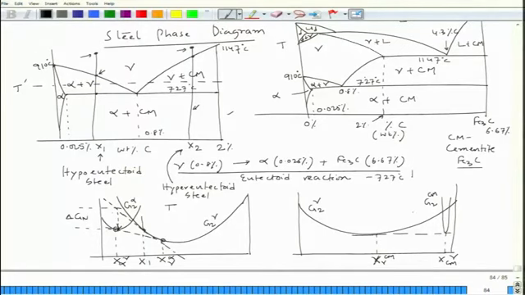If I take this composition x2, then as per our concept we draw a tangent at this point and see the difference from this tangent to the free energy line of Cm. This is delta G n, the nucleation driving force, and of course this becomes my overall driving force, and here also this becomes my overall driving force.